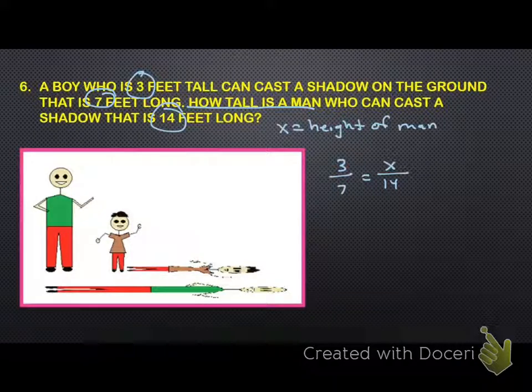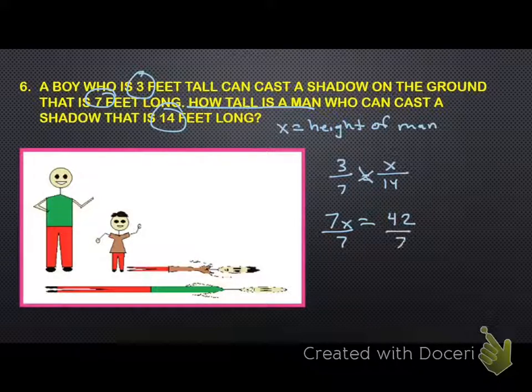How long's his shadow? 14. Now, I bet some of you can just go 6 because you went, like right here, you went 7 times 2 gives me 14, so 3 times 2 is 6. But here's how you solve it algebraically. You go towards the variable first. 7 times x is 7x equals 3 times 14 would be what? 42.